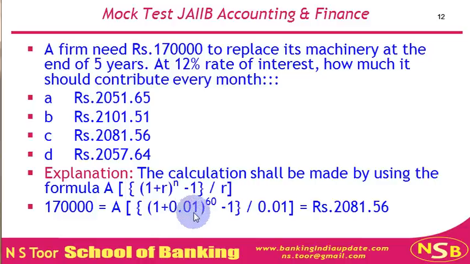So we take here 1%, that is 0.01, raised to power 60, that is 60 months. So 1,70,000 is equal to this amount. So this is our answer. 1,70,000 divided by this formulation will give us the answer A. So A shall be equal to 2081.56. So this is our option.